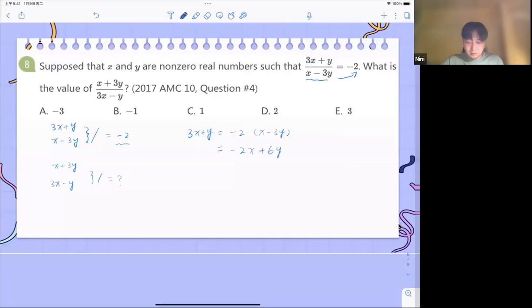Okie dokie. So now we're going to put the right side to the left side. So let's plus 2x to the left side. So that will be 5x. And then nothing left for the right side. Then we minus 6y to the left side. So we got minus 5y. And we got nothing left for the right side. So that will be this equation.